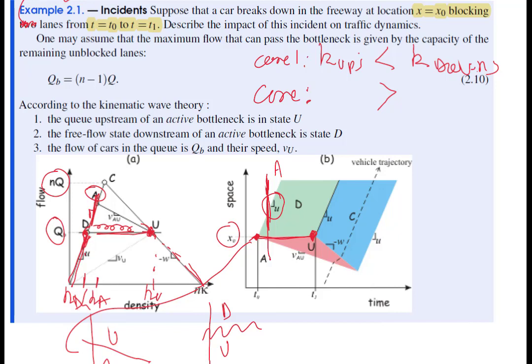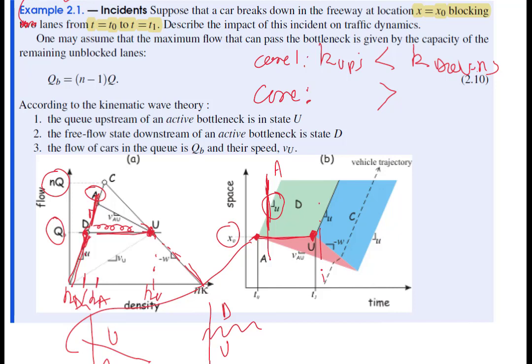And then we do the same thing. You start here, so the density upstream is Ku, and then again, you could go a little bit farther here. Now, we already know that when you remove a bottleneck, it's like you give the green light.